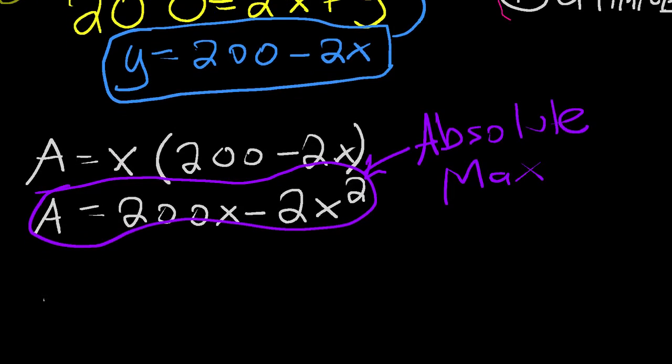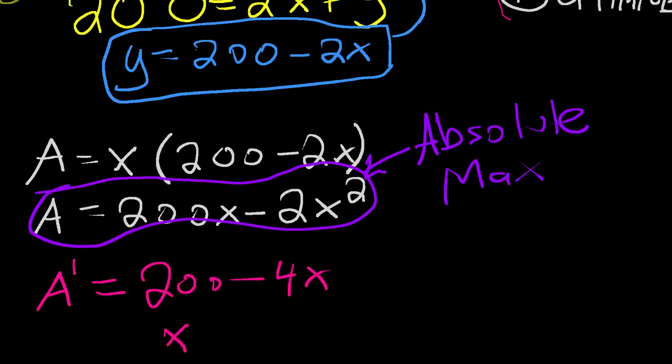Remember, all you got to do is find the derivative. Let's do it in a different color. How about strawberry? All right, so the derivative is 200 minus 4x. And so if you solve for this guy, you would get that x is equal to 50.